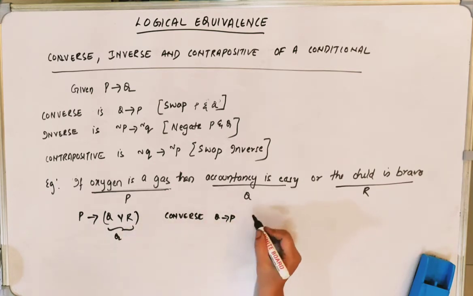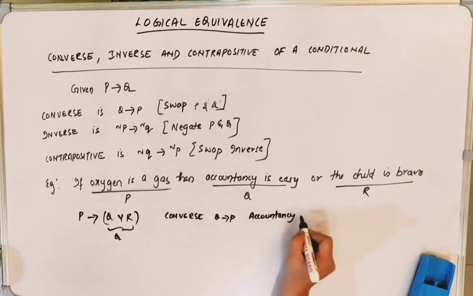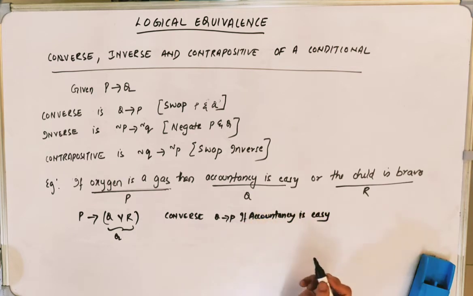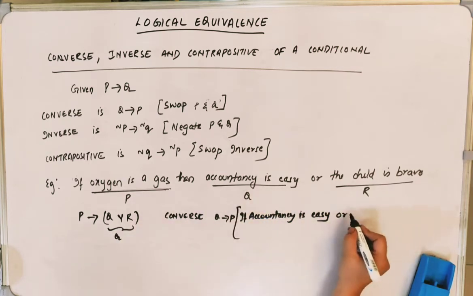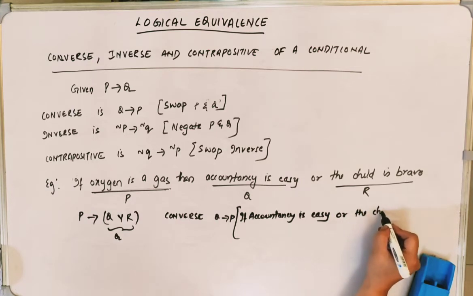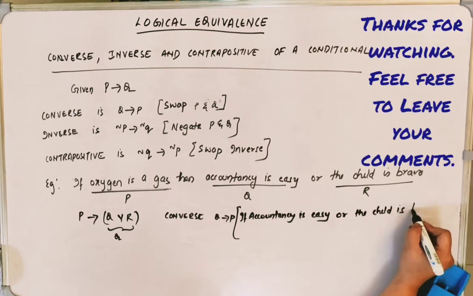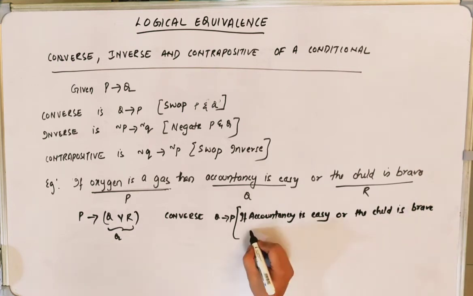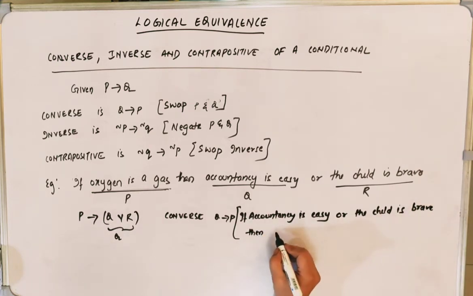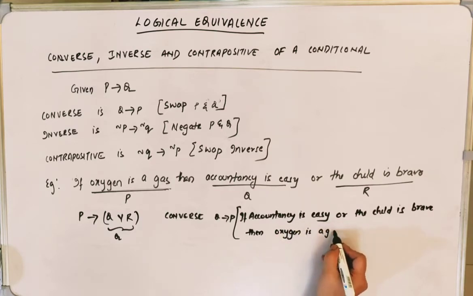Q or R. That is, if accountancy is easy, or the child is brave, then oxygen is a gas.